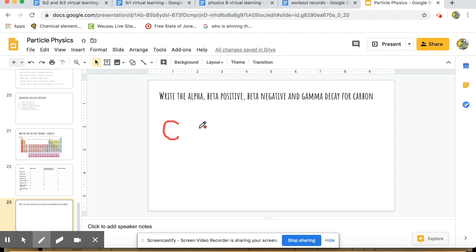If carbon goes through alpha decay, it is going to produce an alpha particle. You can write it as the symbol for alpha, or you can write down He, because He is helium. It's going to produce a helium nucleus. That's the same thing. These two are the same.